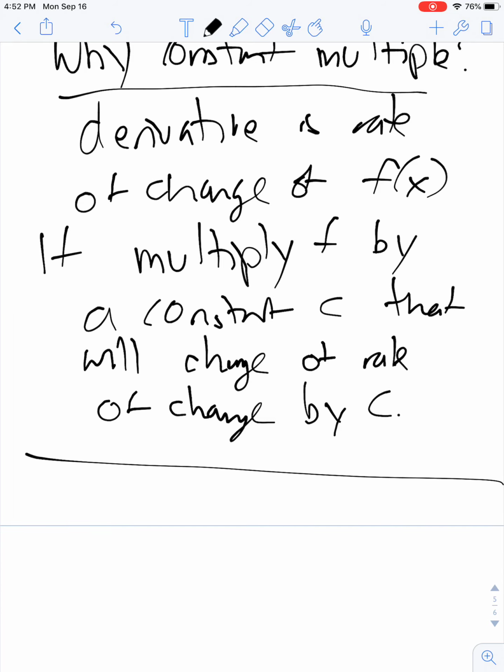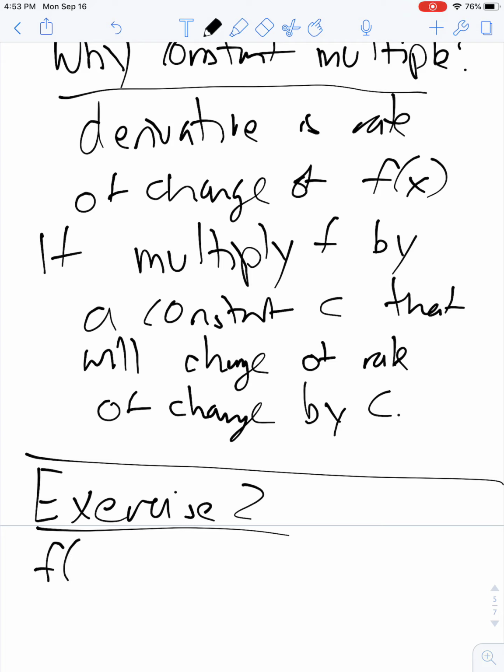So then finally, for our final exercise, I'm going to tell you that if f of x is equal to x cubed, the derivative, and we'll see why in class, is equal to 3x squared.